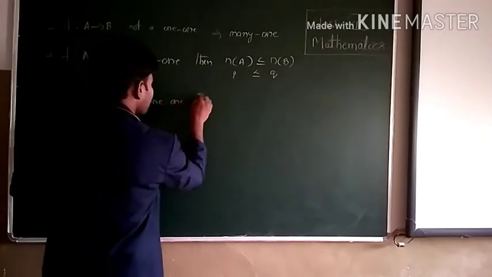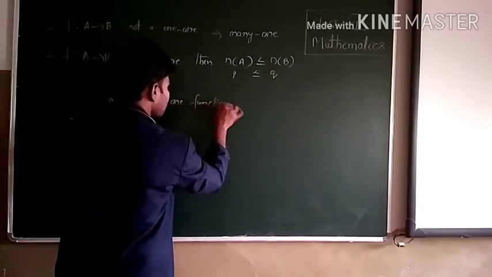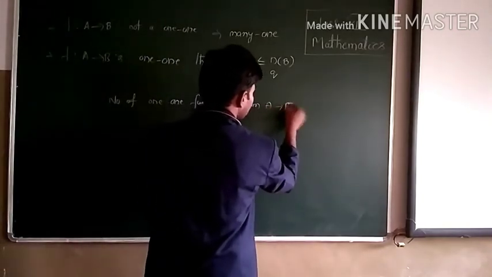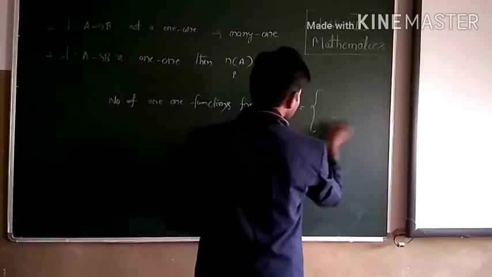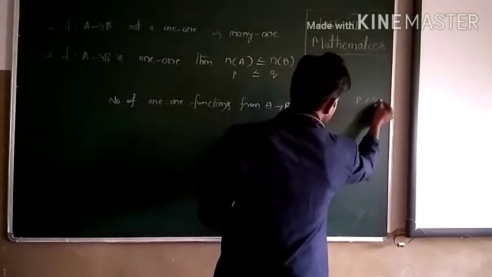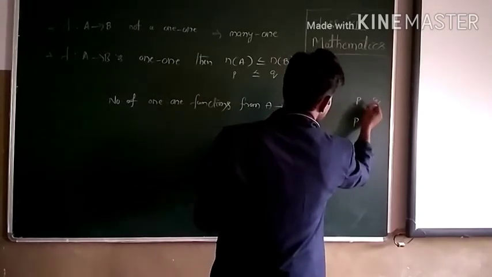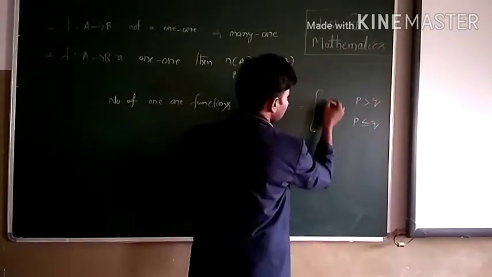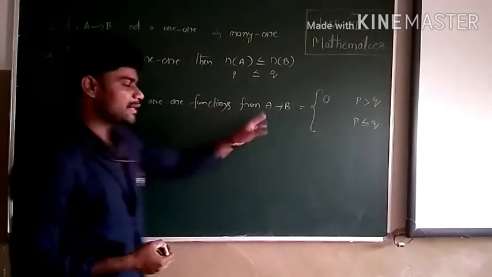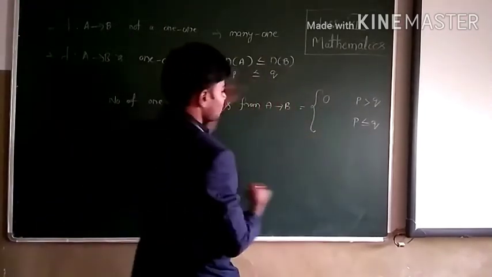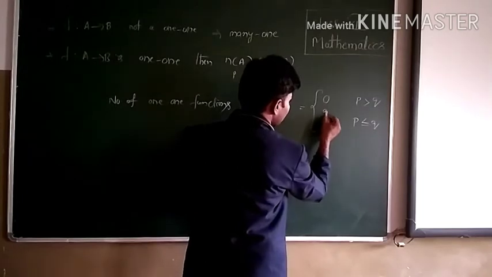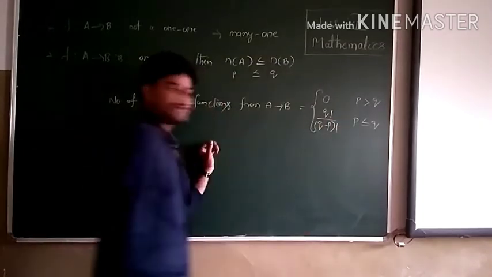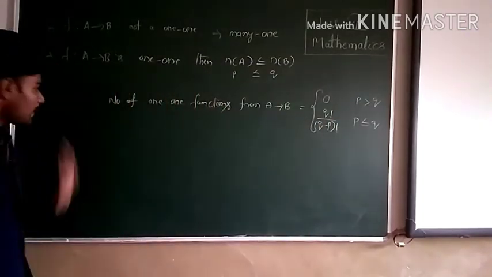The number of one-one functions from A to B is equal to: if p is greater than q, then the number of one-one functions from A to B is 0. If p is less than or equal to q, then the number of one-one functions from A to B is q factorial by (q minus p) factorial. With this formula, we can find out the number of one-one functions.